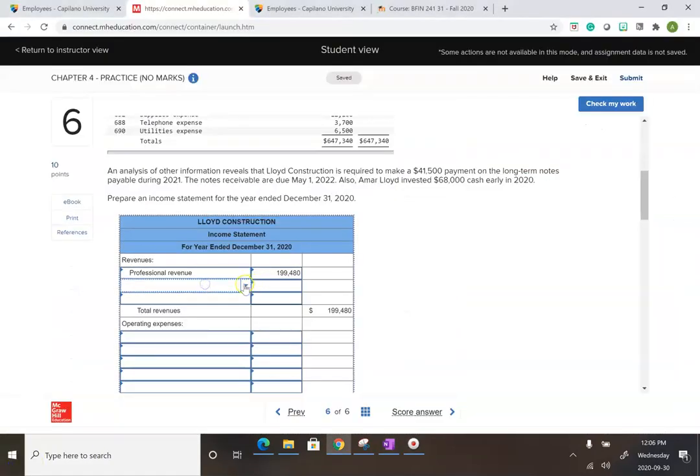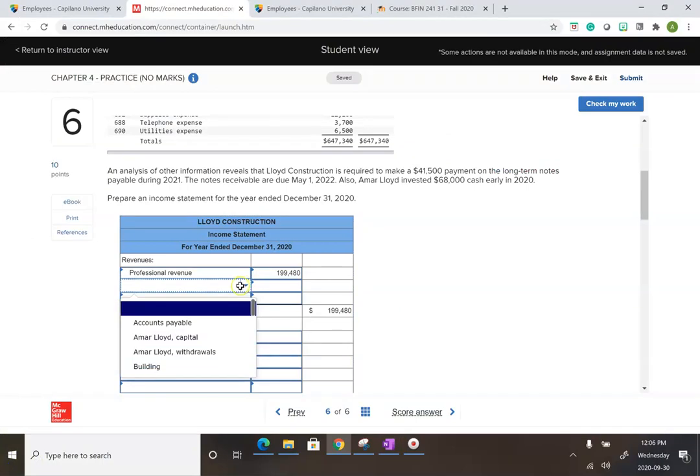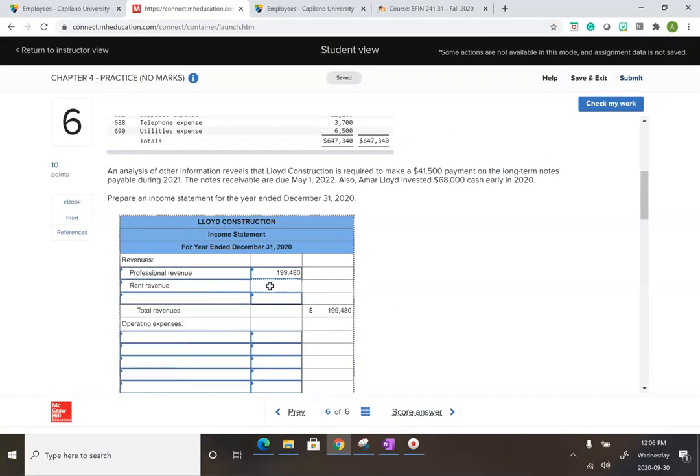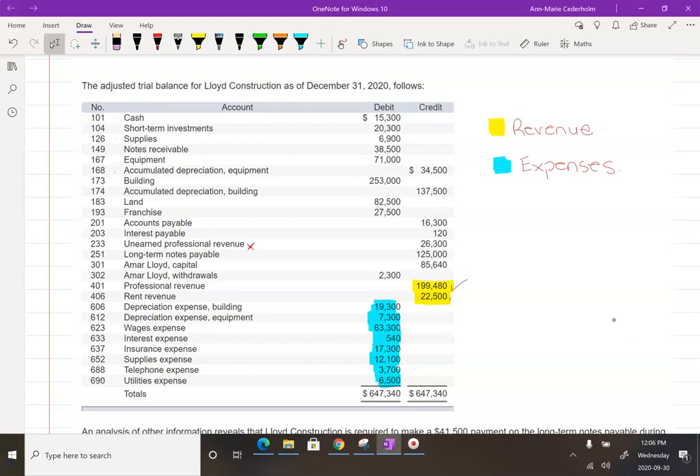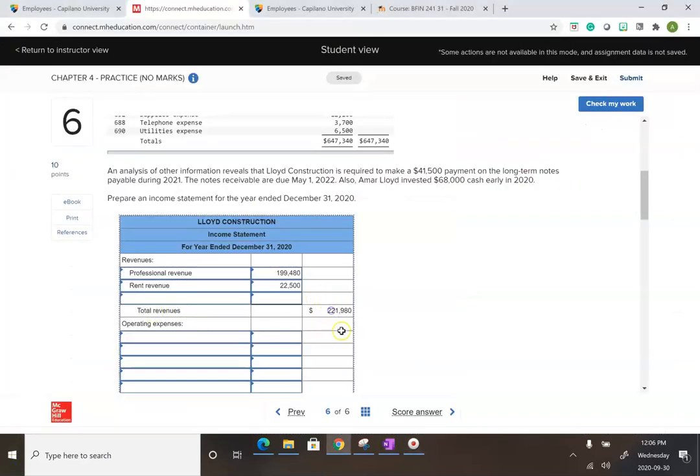Now my only other revenue was the rent revenue, and that was 22,500. I'll just tick that off. This template already subtotaled that for me, so that's great.